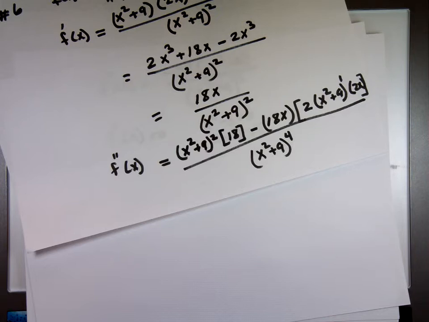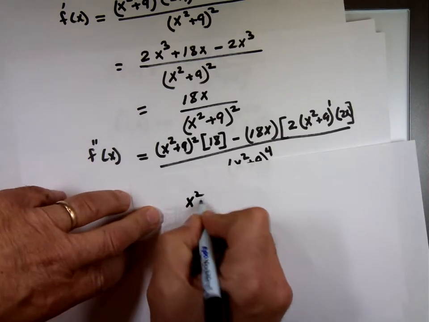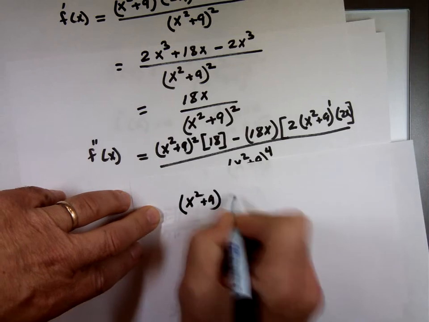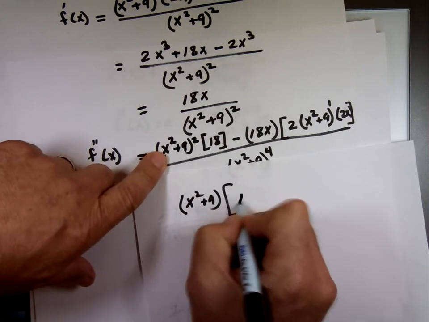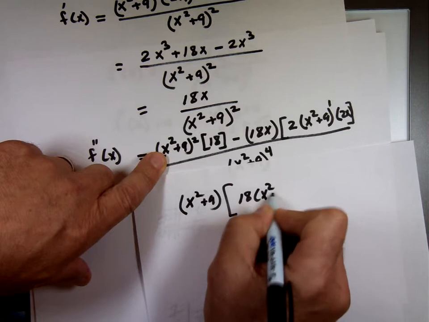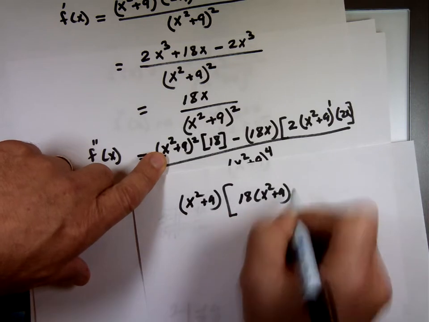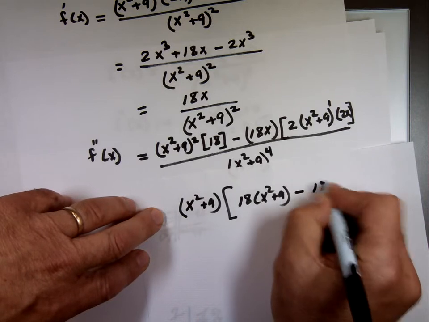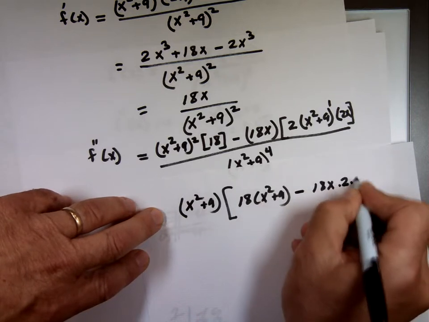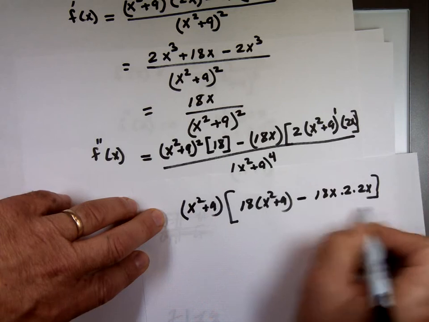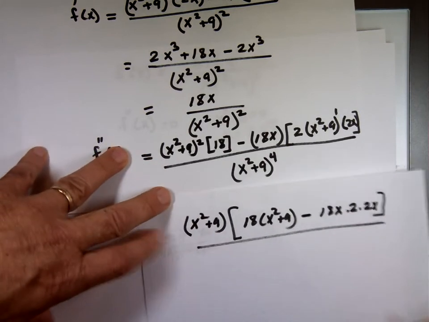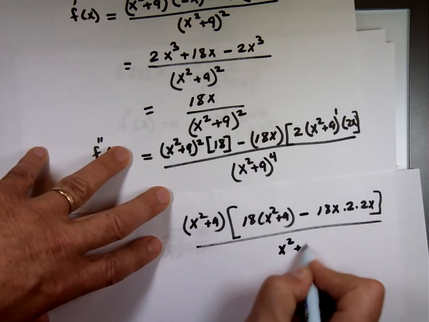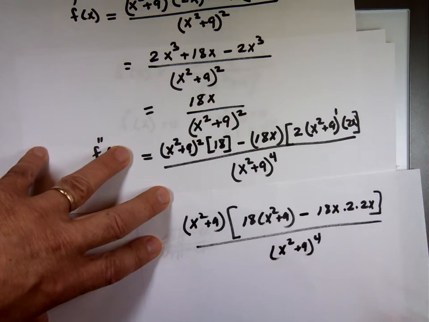How did he go? What they did, they took x squared plus 9 out as a factor. In the first one, what's left? The 18 and the x squared plus 9. Minus, I already factored this one out, so what's left there? The 18x times the 2 times the 2x. That's what they did.